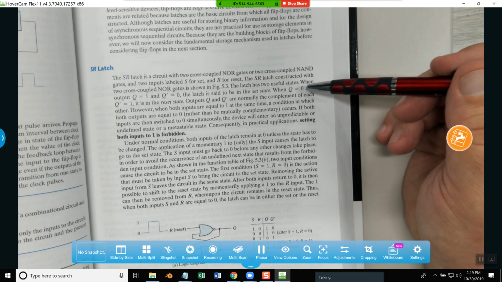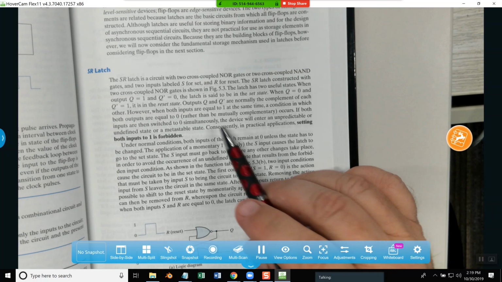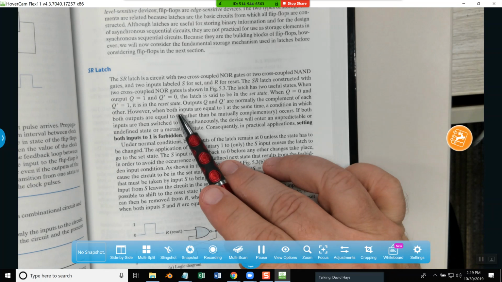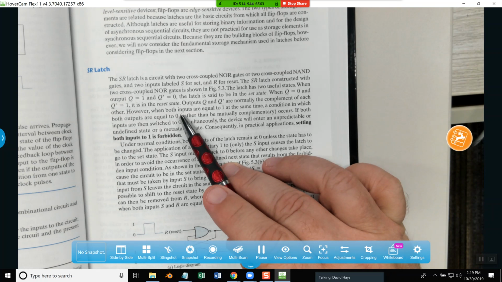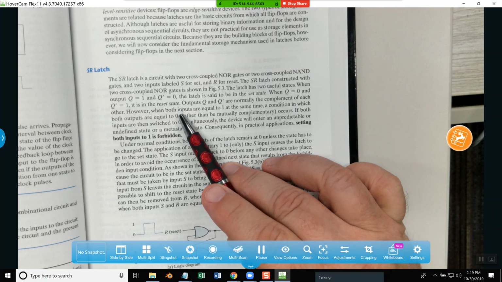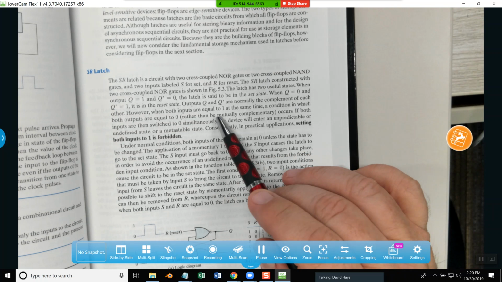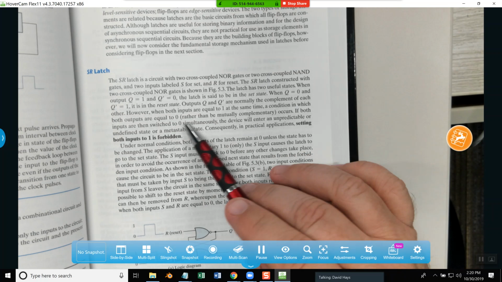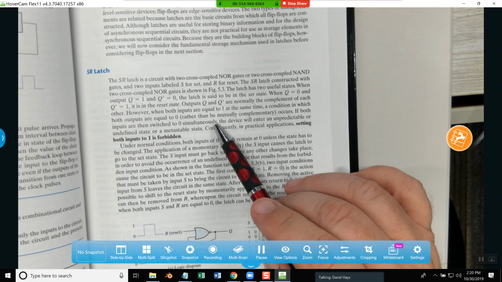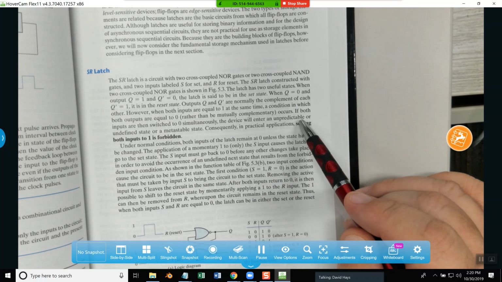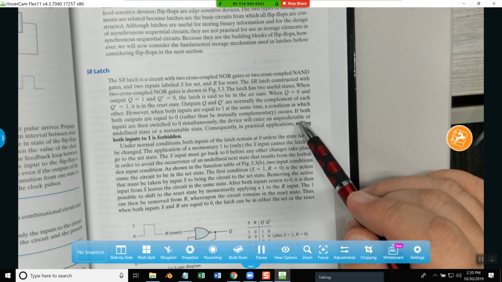Okay. However, both inputs are equal to 1 at the same time. The device will enter an unpredictable or undefined state, or metastable state.